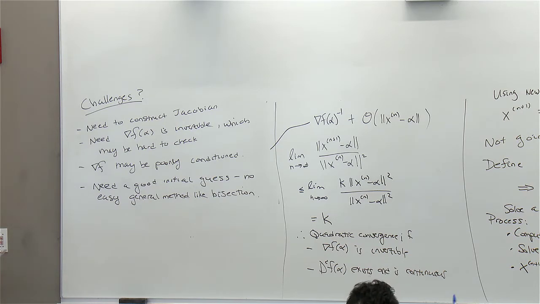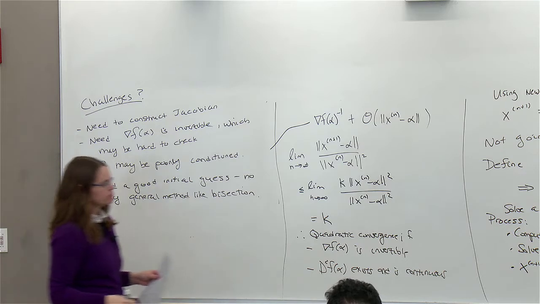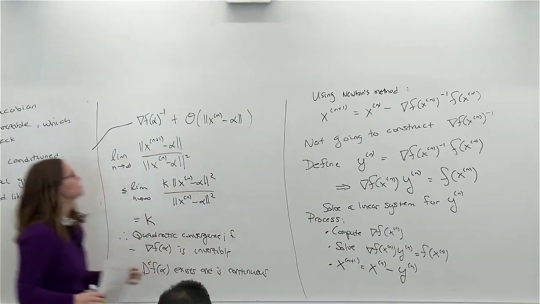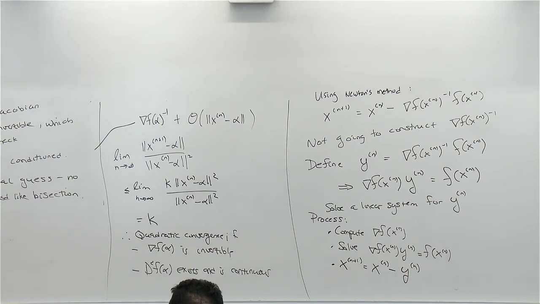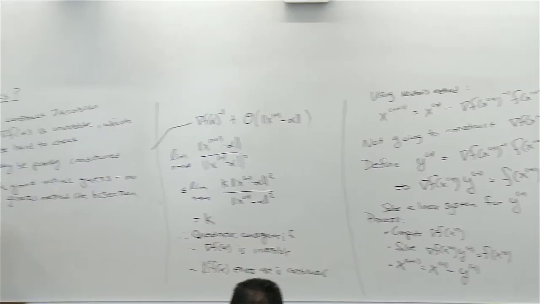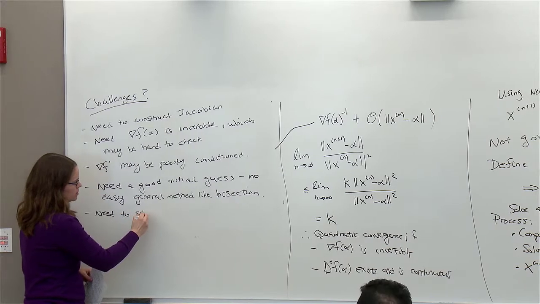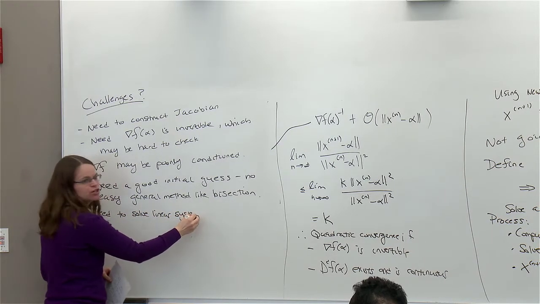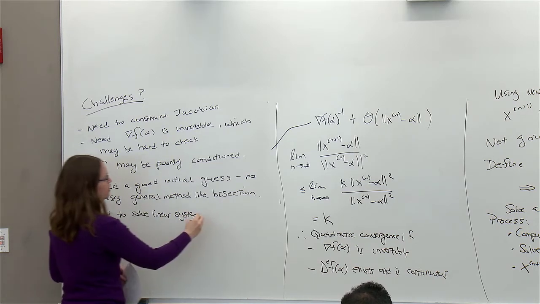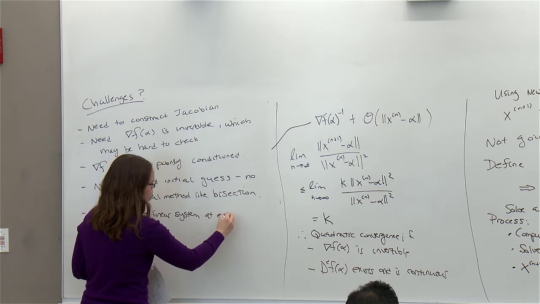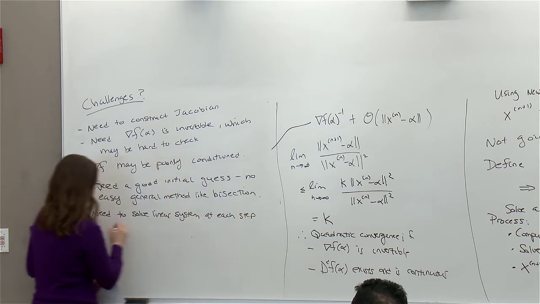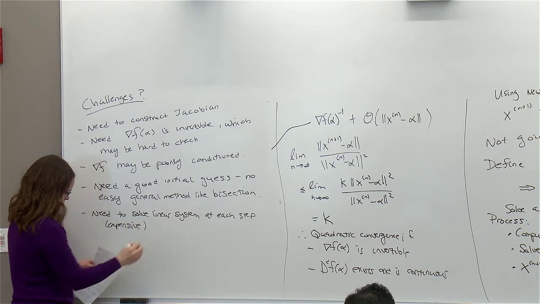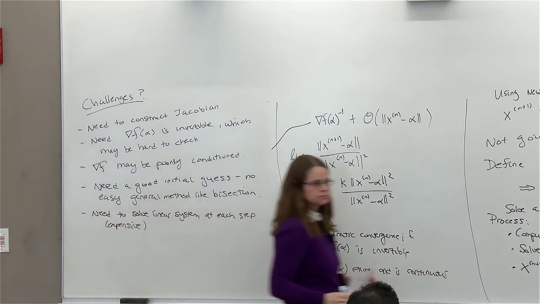Any others? How good is the linear solver? Are we introducing errors? Yeah, we need to solve a linear system at each step, which could be expensive. And of course, if the matrix is ill-conditioned, then we might be introducing a lot of error. Yeah, Jake?